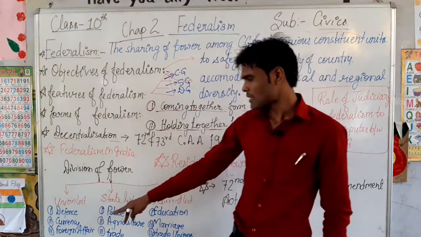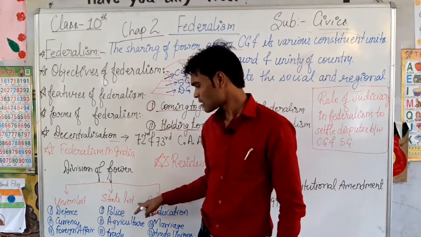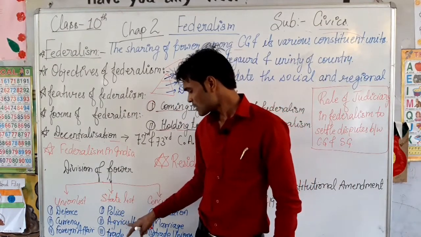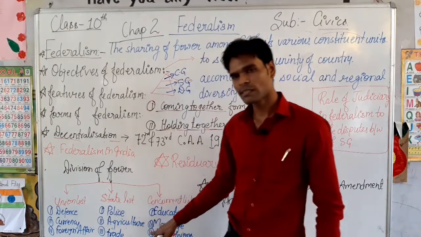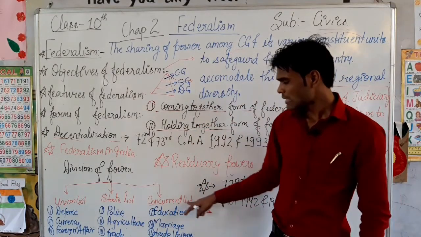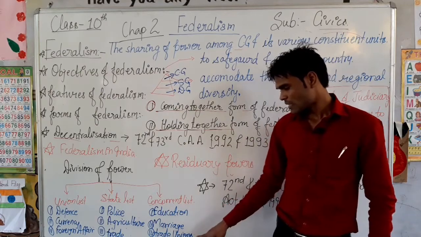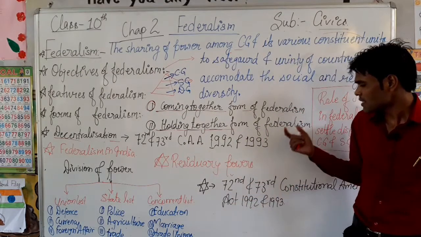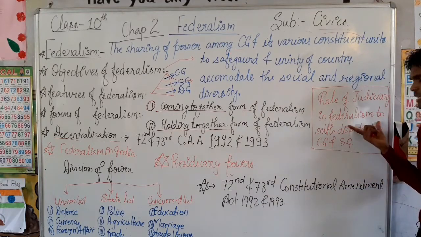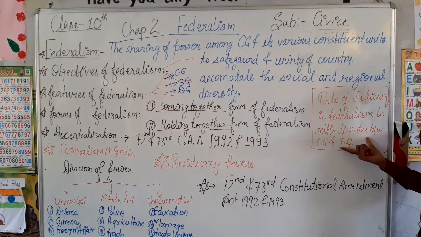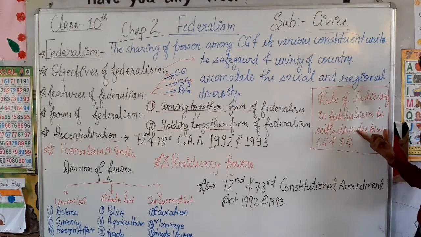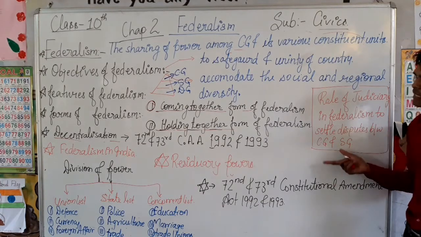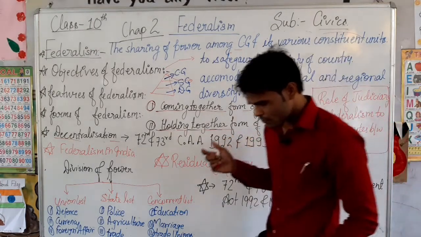In the state list, police, agriculture, trade, commerce, business, etc. In the concurrent list, subjects like education, marriage, and trade unions are kept. And lastly, we will see the role of the judiciary in federalism, how it settles disputes between the state government and the central government.